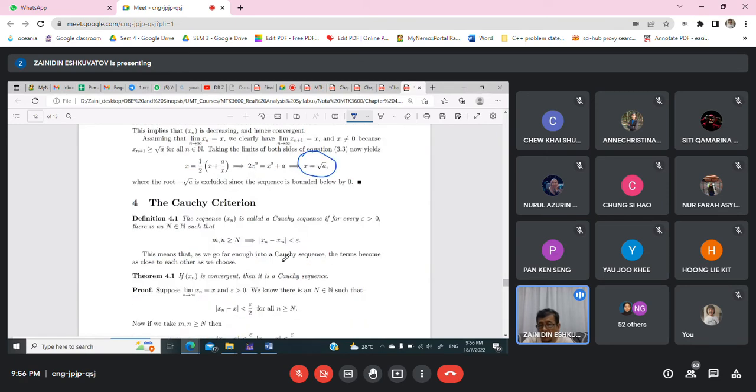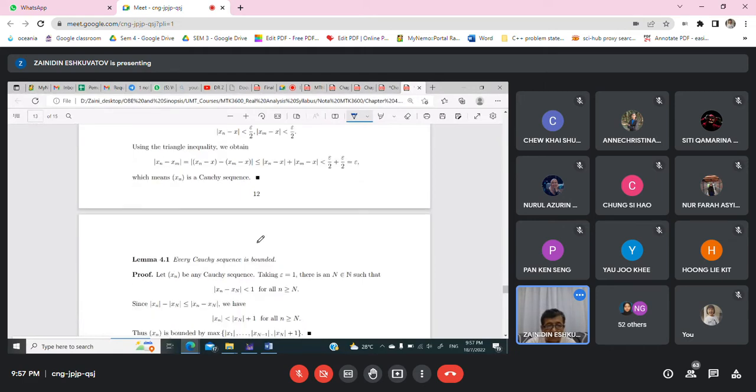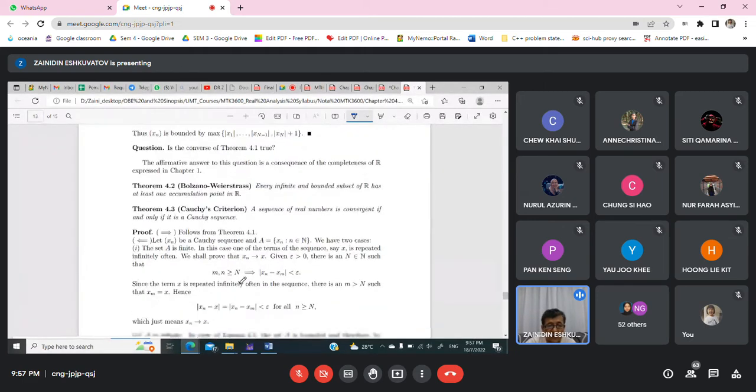Cauchy criterion is also very important. Here there is one problem on the Cauchy criterion. Sequence and subsequence, you see, is this. This is the Cauchy criterion, and subsequences.